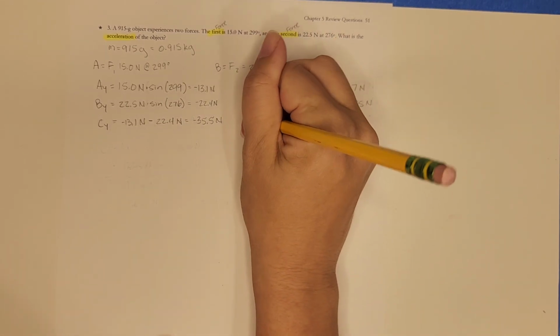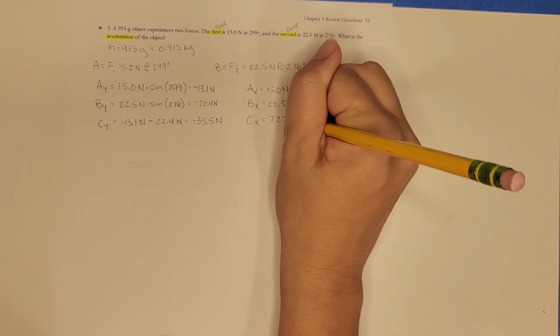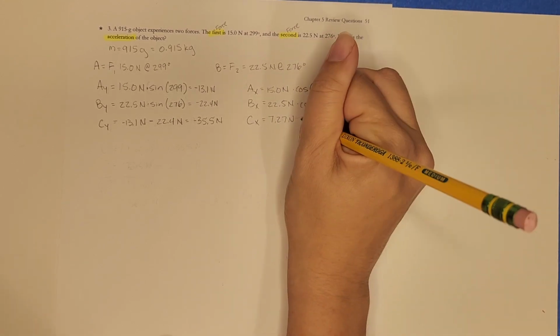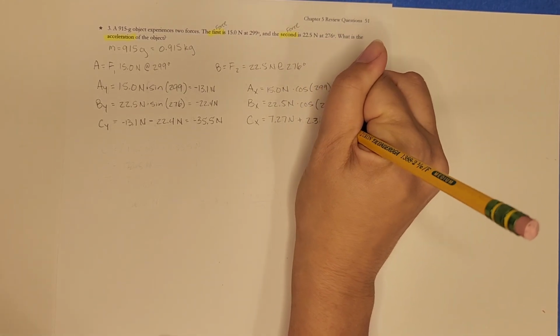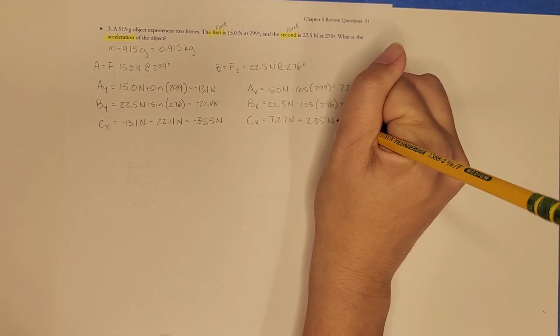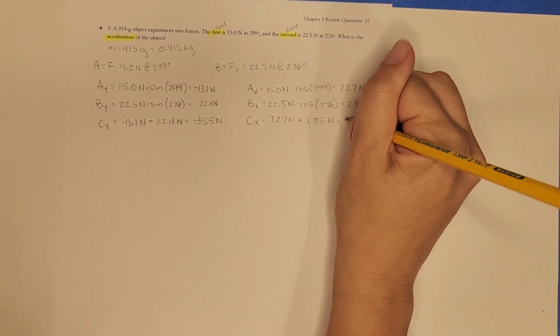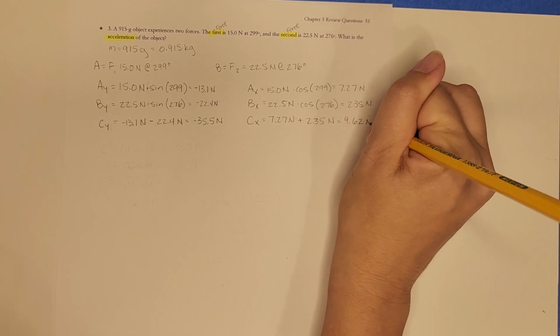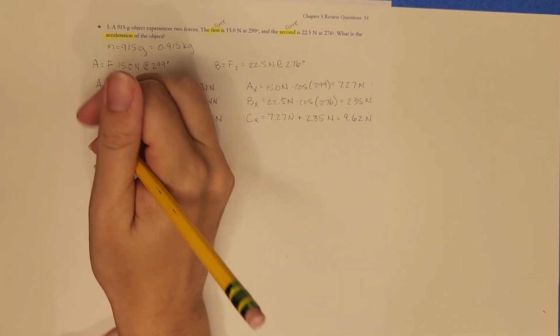For my x value, I'm going to add 7.27 newtons plus 2.35 newtons, and I get 9.62 newtons. So now I can determine the c value using Pythagorean theorem.